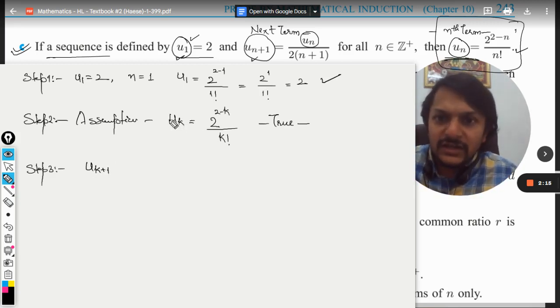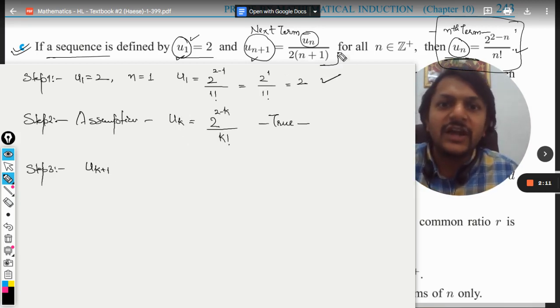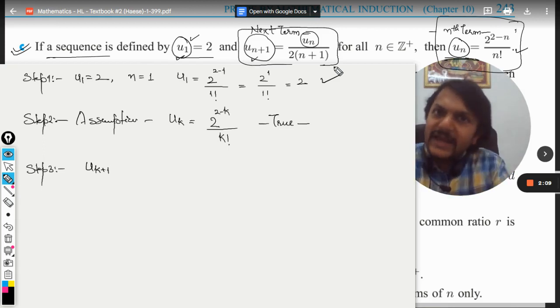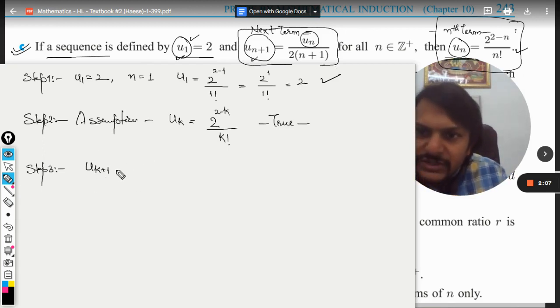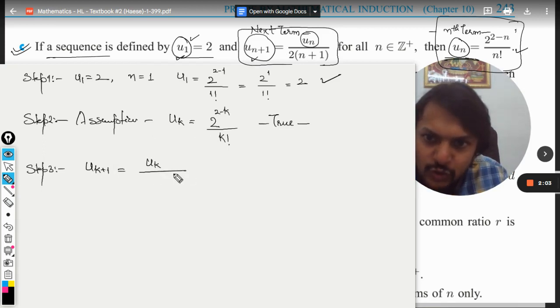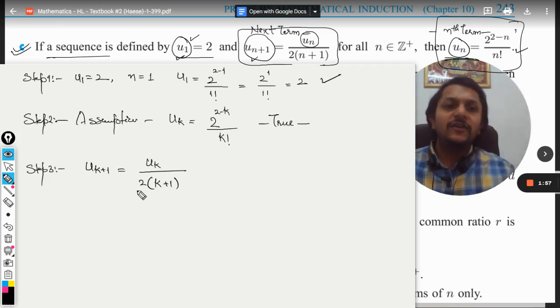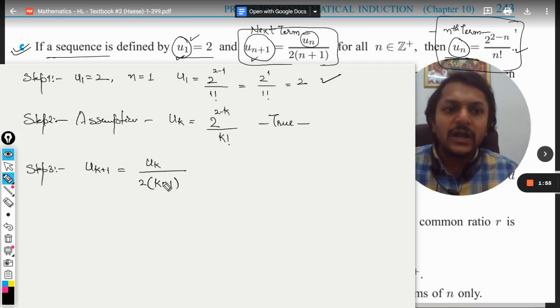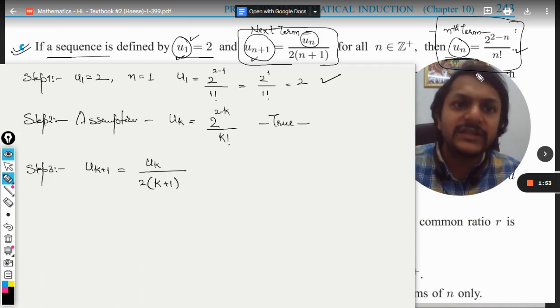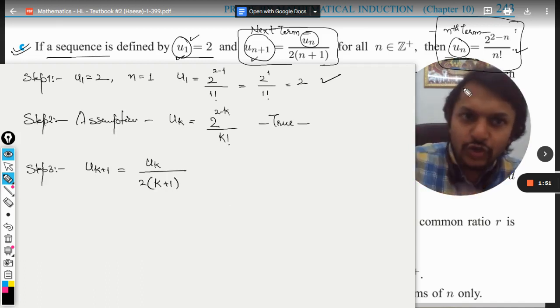So we have taken this uk term, and from this formulation we are now going to find the next term. So the next term is uk plus 1. According to this formula, it will come out to be uk divided by twice of k plus 1. Now we have to see whether this comes into agreement with this. I will show you how.